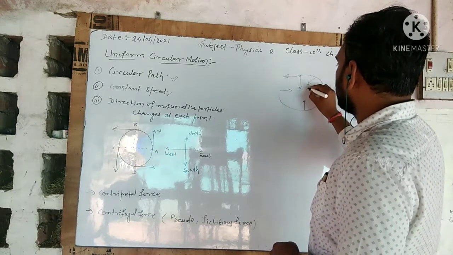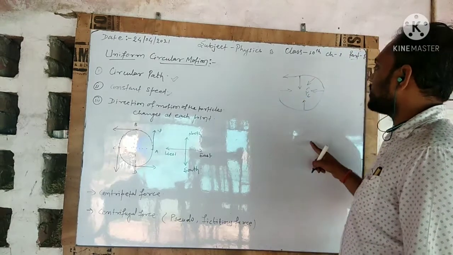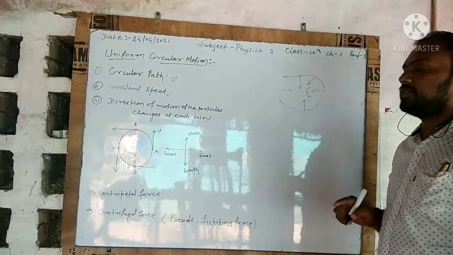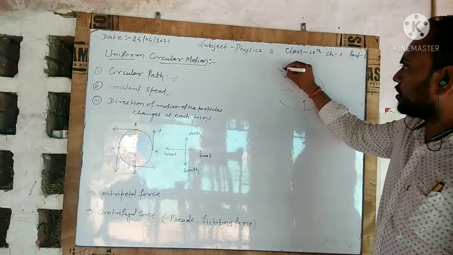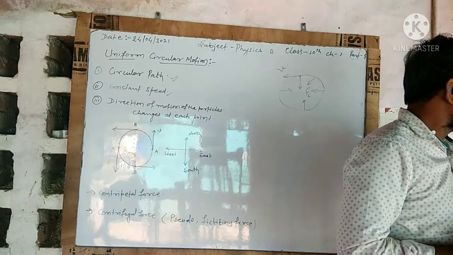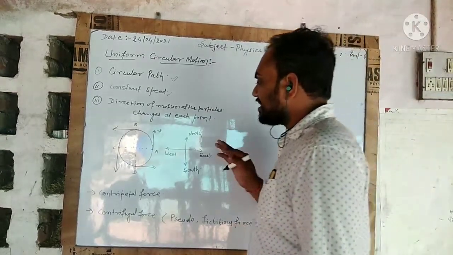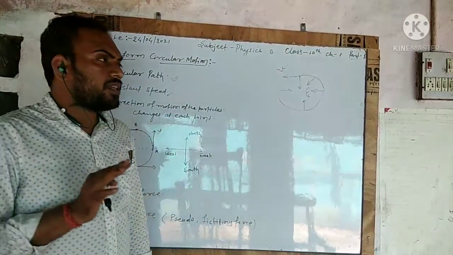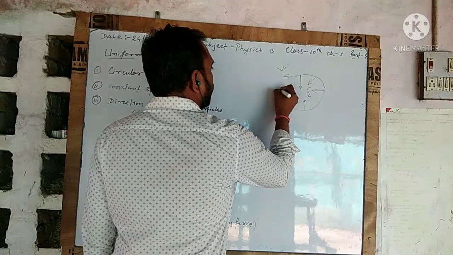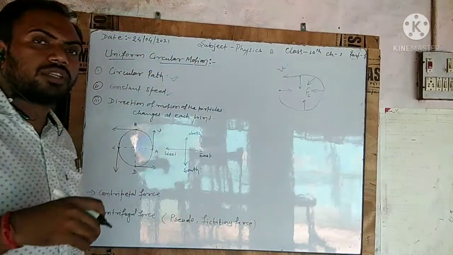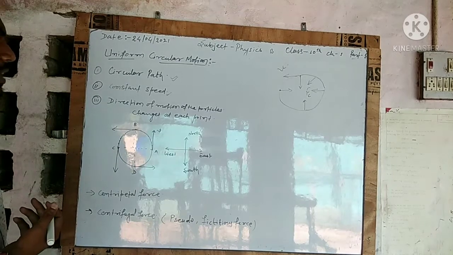That force is called centripetal force, which I am representing as FC. FC means centripetal force, which is changing the direction of motion of the body and is always towards the center of the circular path.